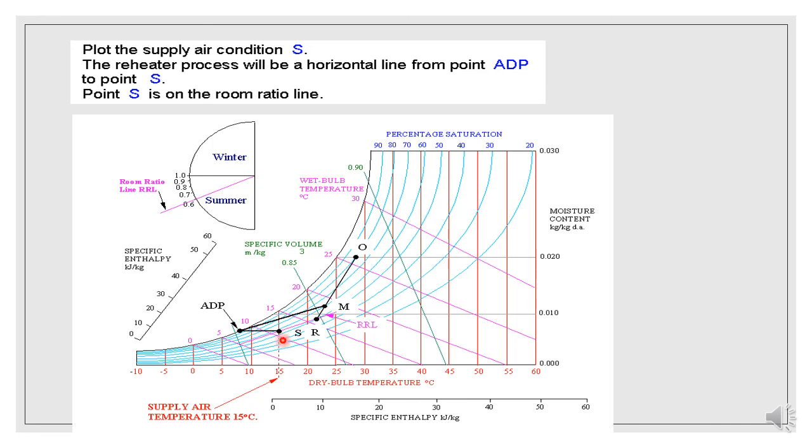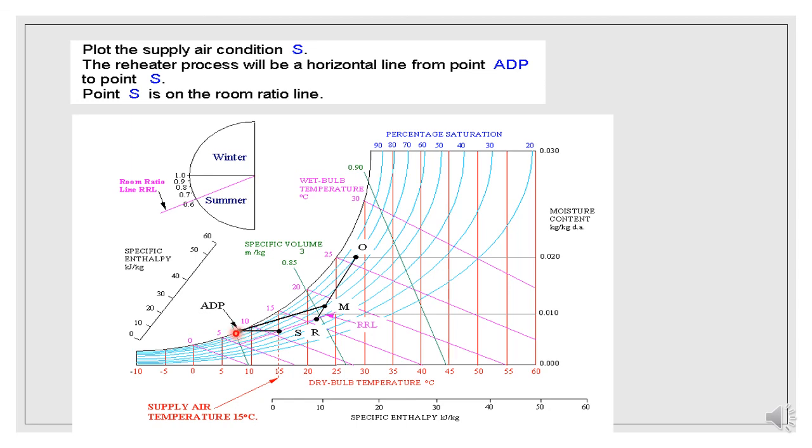Now, to plot the supply air condition, this is the last step. So we have to reheat. Actually, from the apparatus dew point temperature, we have to reheat the air to the supply air condition.